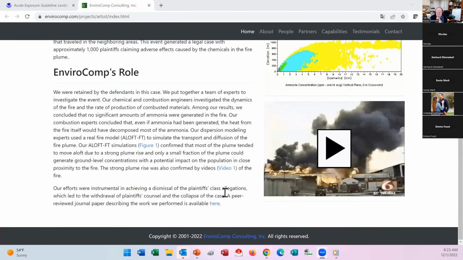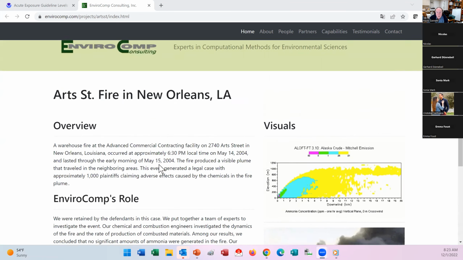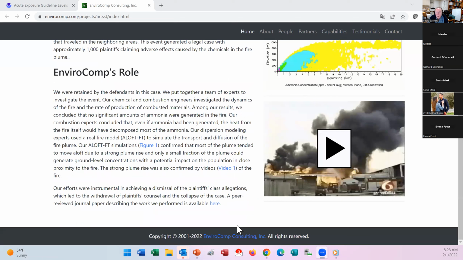So we were talking about how careful you have to be when you do modeling and choosing the right model. In particular, fires are a big challenge. And by the way, this is a case where my client allowed me, generally they don't like to share the technical report, but in this case, I was allowed to put the technical report here on my website.